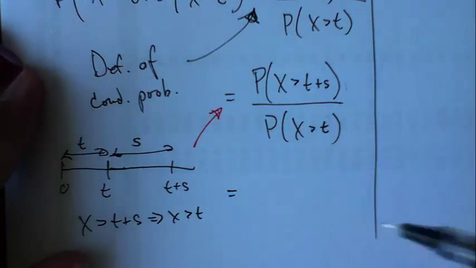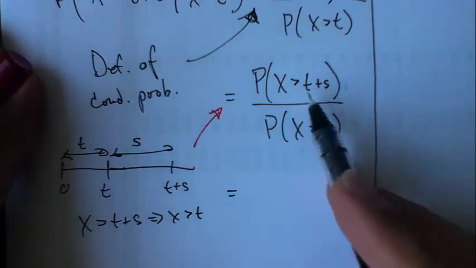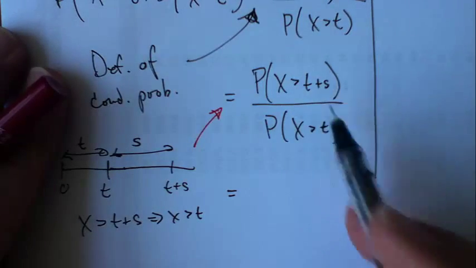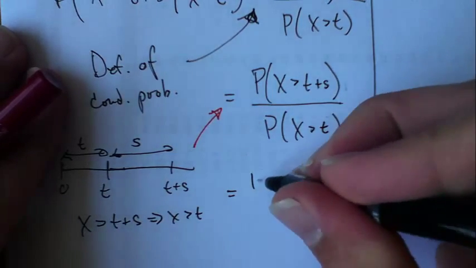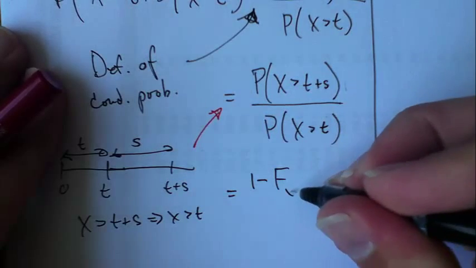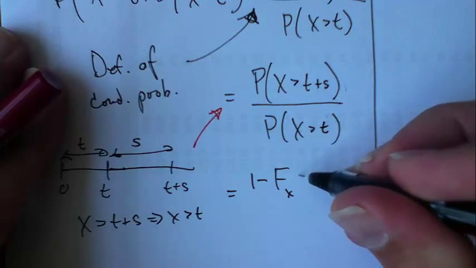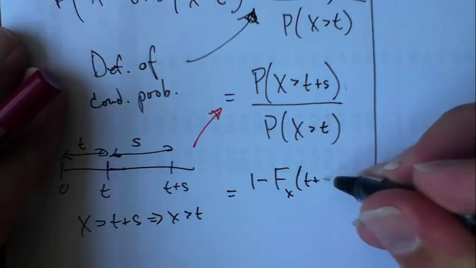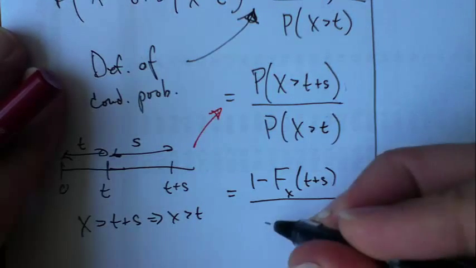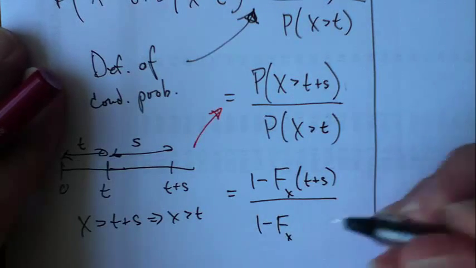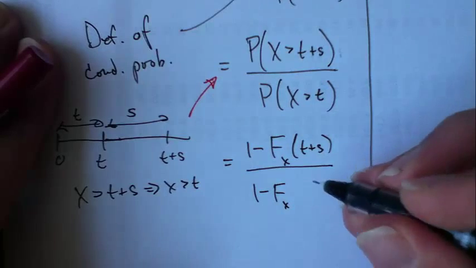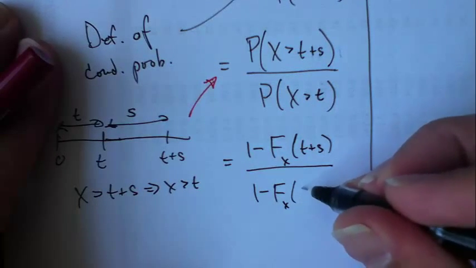And then finally, what's the chance that X exceeds t plus s? This is 1 minus the CDF of X evaluated at t plus s, and the bottom, similarly, is 1 minus the CDF evaluated at t.